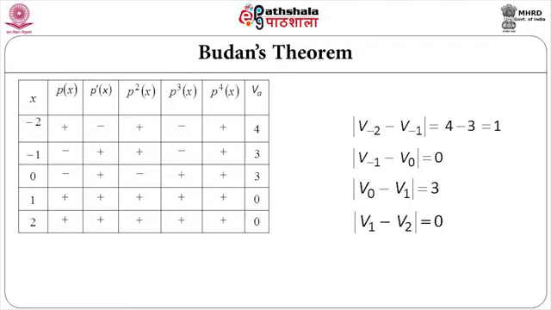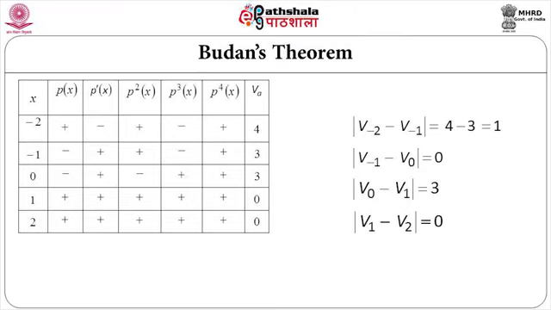And therefore, if we apply Budan's theorem, the number of roots which may lie in the interval minus 2 to minus 1 is given by v at minus 2 minus v at minus 1, which is 4 minus 3, equal to 1. Between minus 1 and 0, 3 minus 3 is 0, so v at minus 1 minus v at 0 is 0, so there is no root between minus 1 and 0.